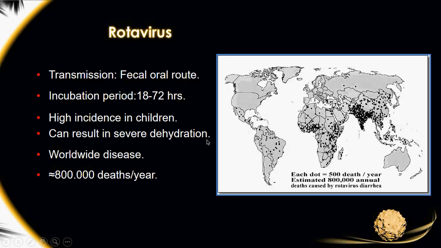The incubation period is about 3 days, and the incidence is quite common in children, and it may result in one of the serious causes of dehydration among them. The deaths related to rotavirus gastroenteritis among infants may reach up to 1 million per year.